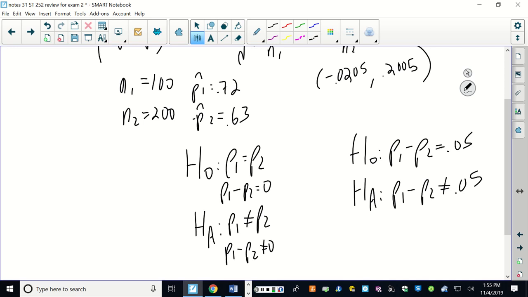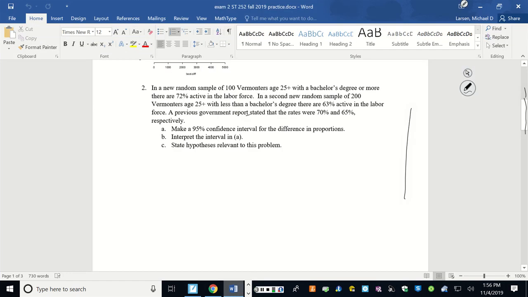Or if manufacturing is coming back and somehow you don't need a bachelor's degree to qualify for a lot of new jobs, the gap might be shrinking. But anyway, 5% also isn't going to be rejected. It's 100 and 200, not big sample sizes, so they don't reject it. Here is a randomization distribution.